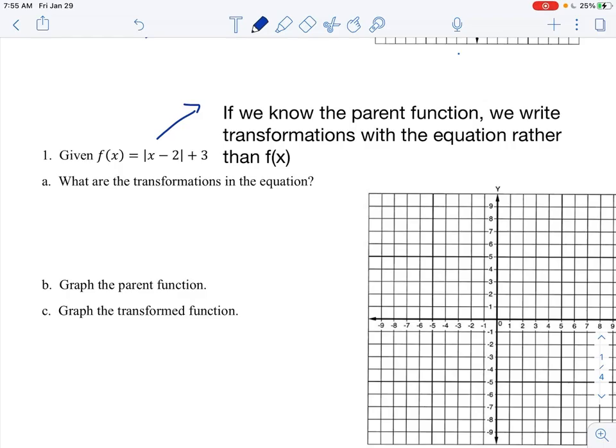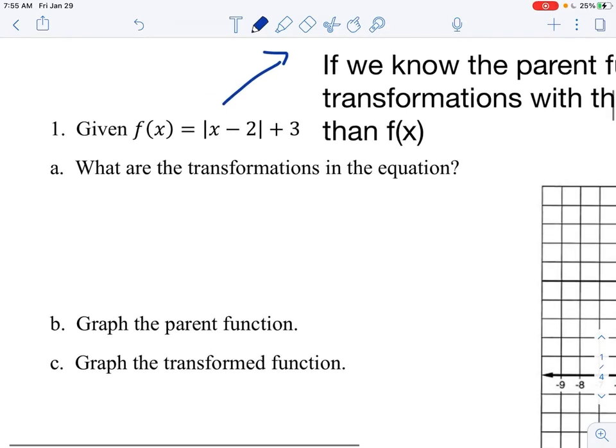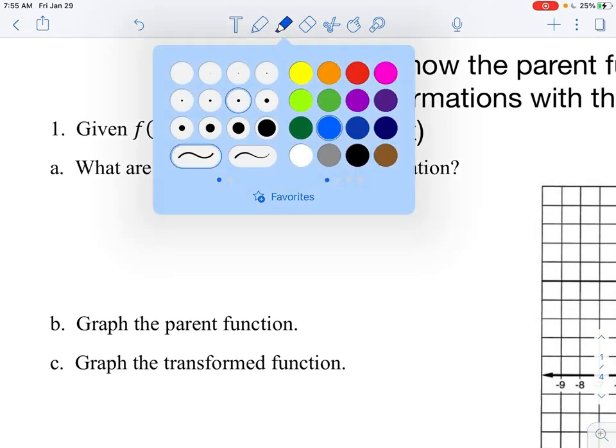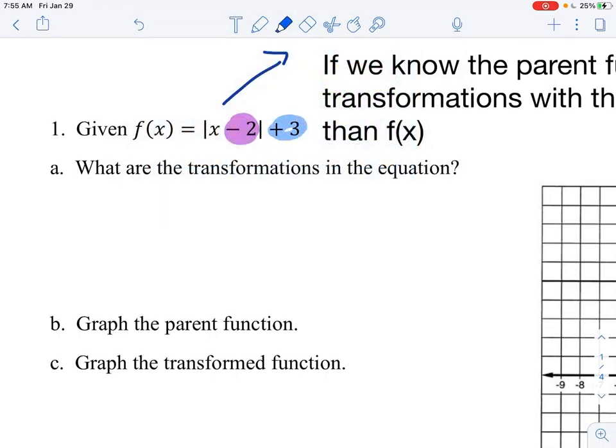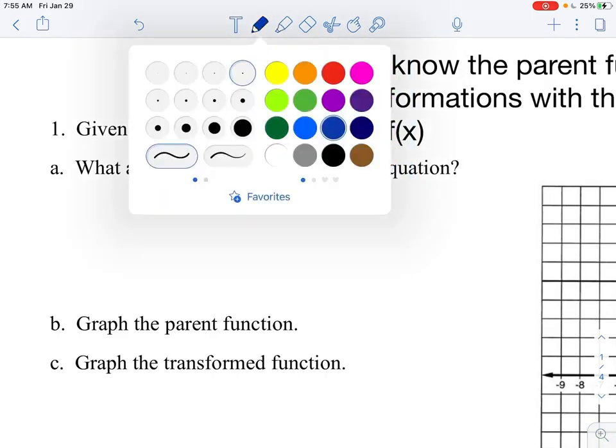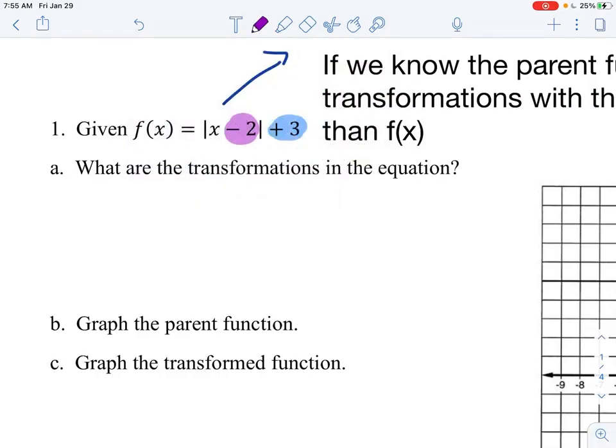So it's the same process. What are the transformations in the equation? Well, we have minus 2, and then we have plus 3. We have minus 2 on the inside, so that means we do the opposite. So we're going to go plus 2.